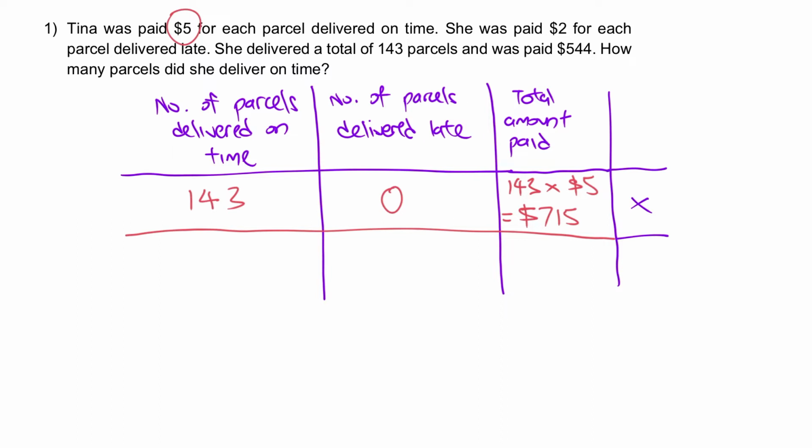So let's go on to figure out a pattern. Let's list it down a second time. And we do not jump around the numbers. We do it systematically. So it's 142 delivered on time and 1 delivered late. At this point, I want to mention the difference between assumption and guess and check. Guess and check means you play around with random numbers.